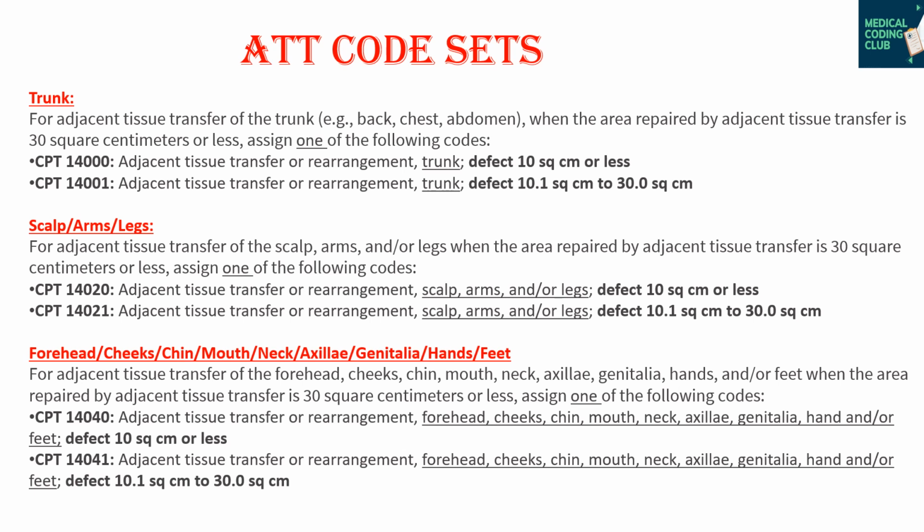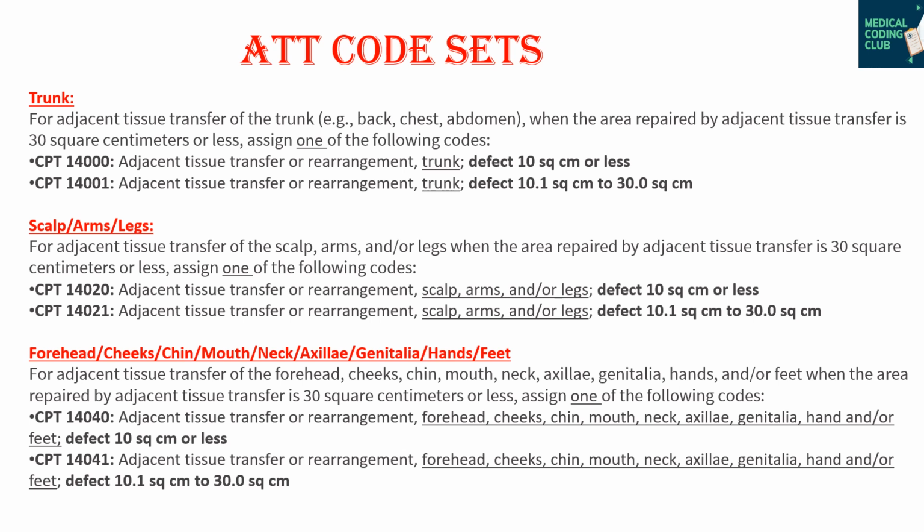And we'll see the code set. When it comes to the trunk, these categories come: less than 30 square centimeters and more than 30 square centimeters. For adjacent tissue transfer of the trunk, the CPT codes will be 14000 and 14001, and the same for scalp, arms, legs. The next category will be forehead, cheeks, chin, mouth, neck, axilla, genitalia, hands, feet.